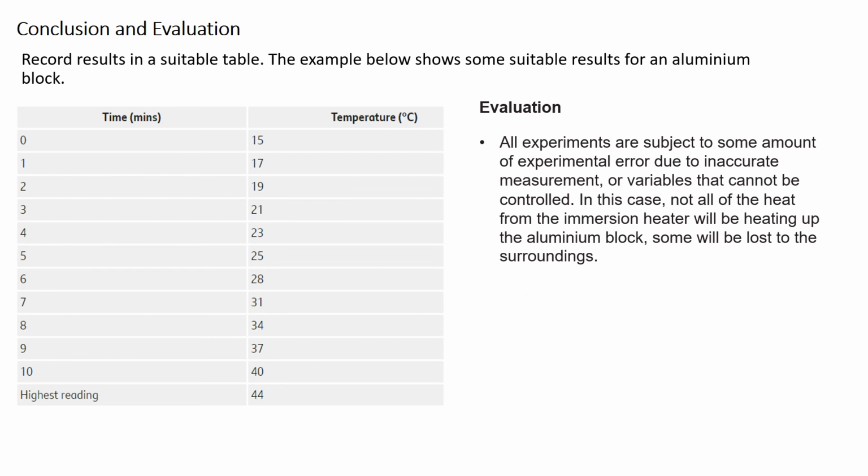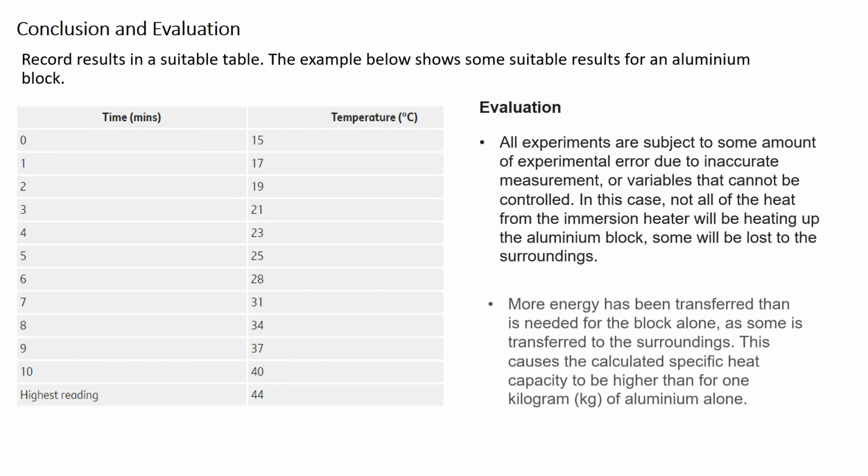And I keep mentioning this because that is the biggest cause of error in this practical. If you were doing it completely sealed and using digital probes, you could have nothing protruding at the top of the block and have it all nice and sealed and compact and then doubly insulated. That's maybe an improvement that you may want to mention.